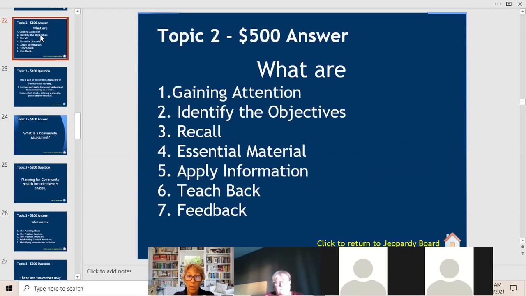Why is this population different from others? Are they a younger group, an older group? What makes you an effective educator? They also have to be ready to learn. What if they're not? You've got to figure out a way to gain their attention.